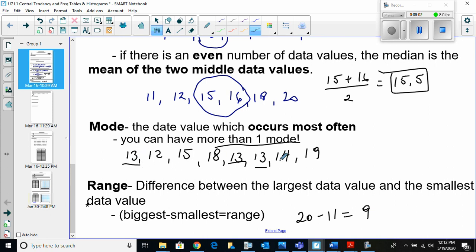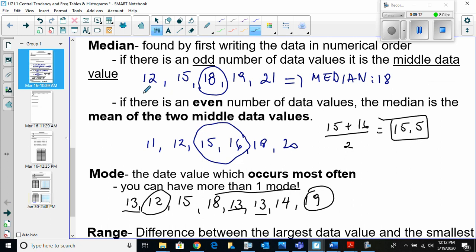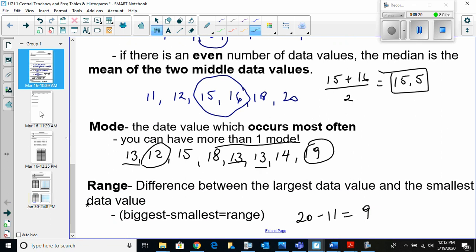Or in this case here, the lowest number is 12 and the highest number is 19, 19 minus 12 is 7. Or in this case, 12 is the lowest number, 21 is the highest number, 21 minus 12 is 9.